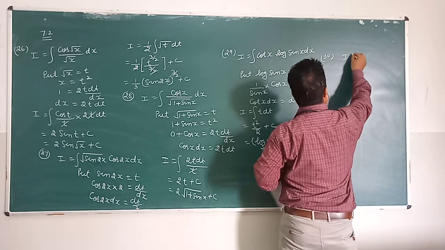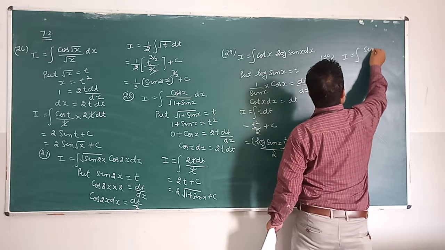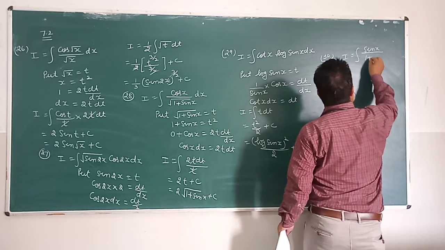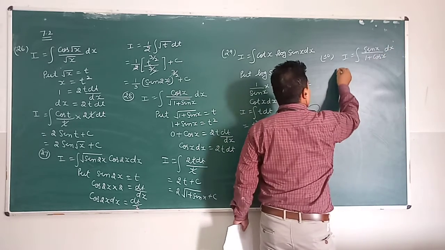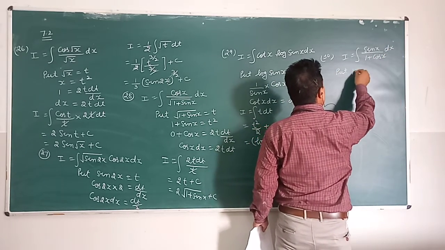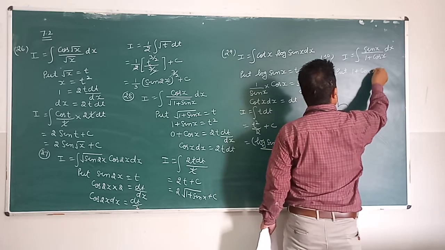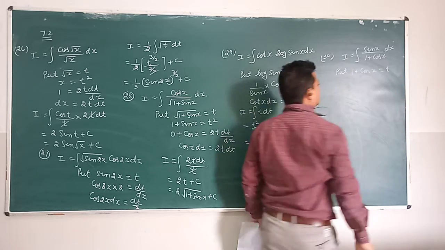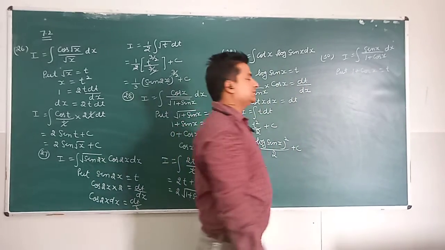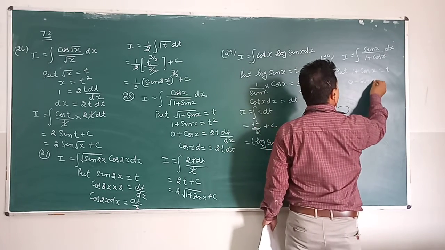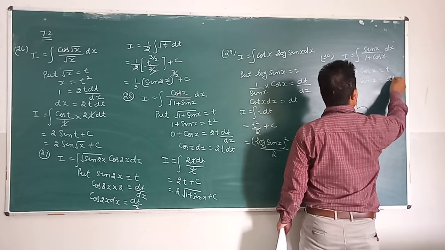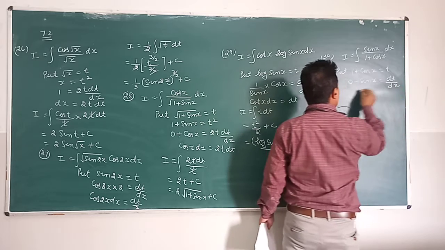In question number 30, I is equal to sin x upon 1 plus cos x. In this question, first we put 1 plus cos x equal to t. And we know the derivative of cos x is minus sin x. When we differentiate, this is minus sin x, so dt upon dx.